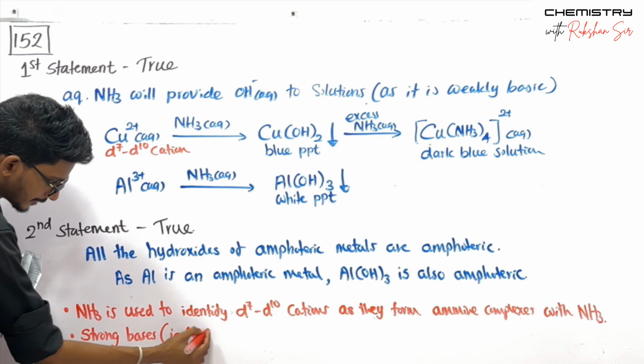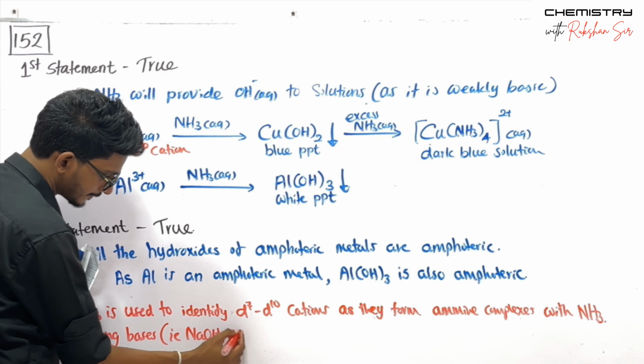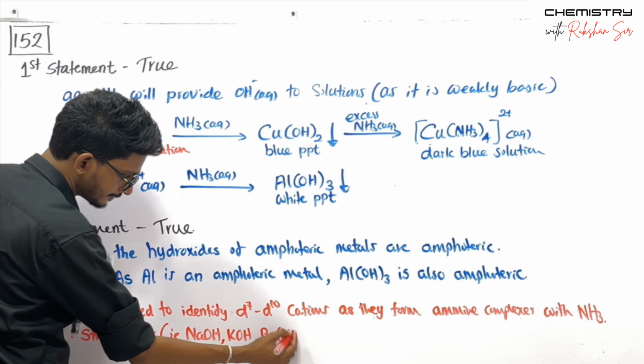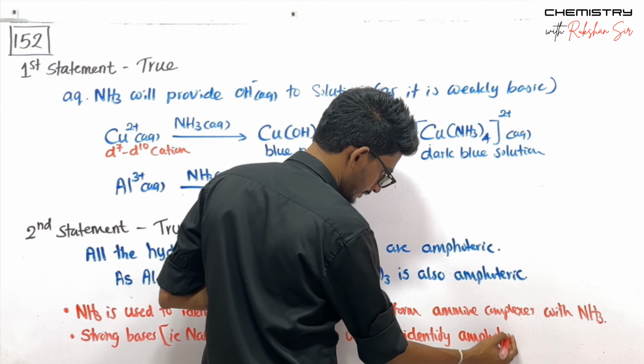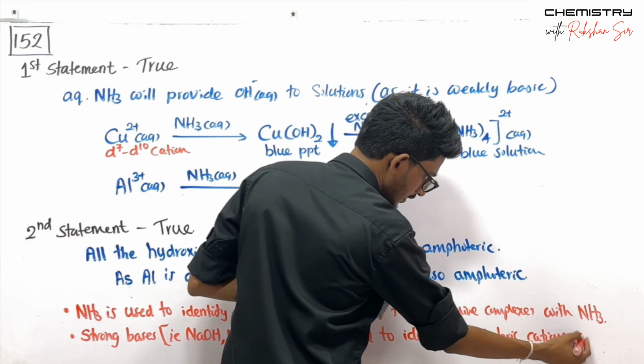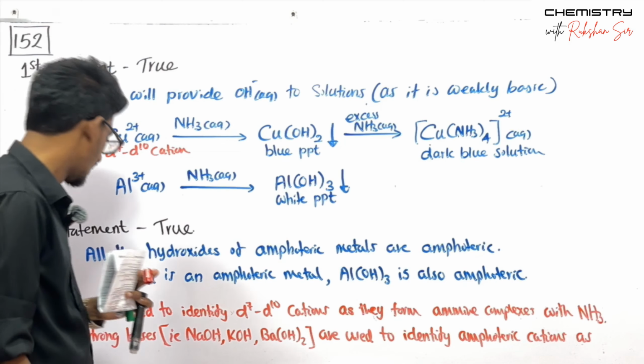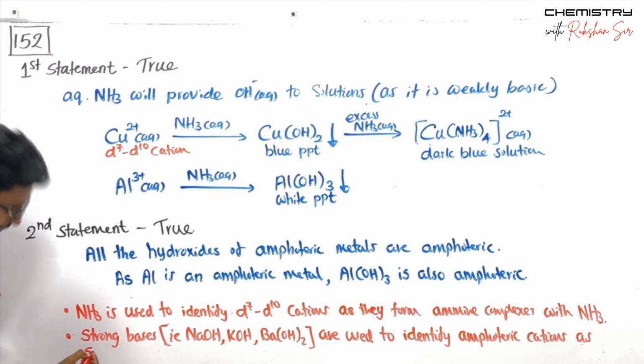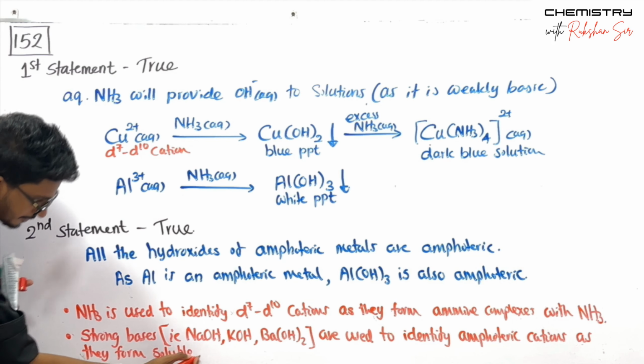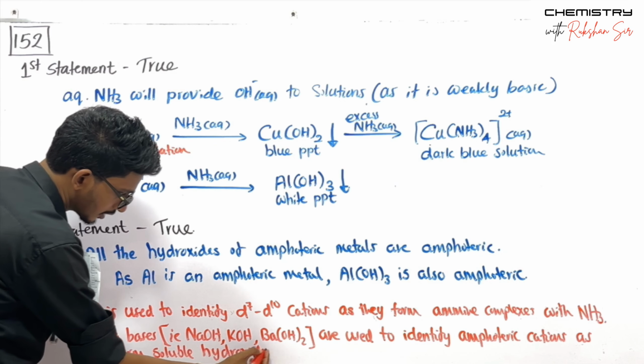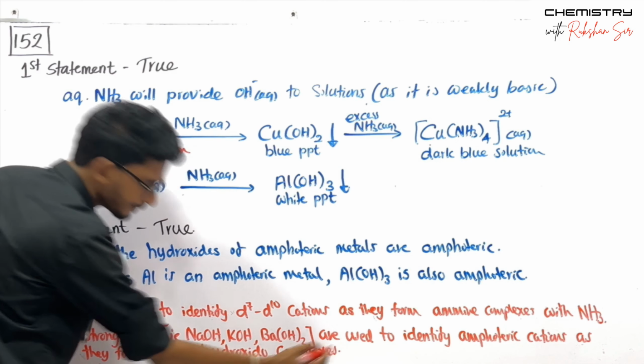Some examples: NaOH, maybe KOH, barium hydroxide, are used to identify amphoteric cations as they form soluble hydroxide complexes, right?